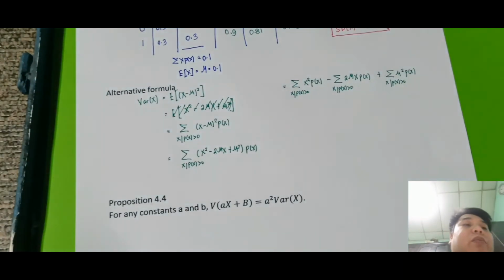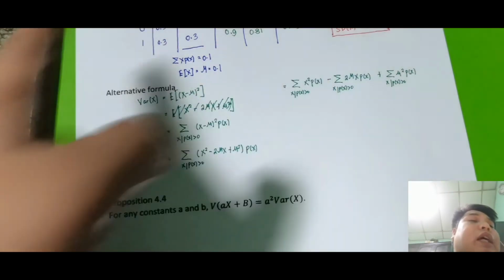That is the expected value of x. But what does expected value of x mean? Once I make it mu, it means it is a number already. It has a value. Okay? So, meaning, that mu is just a constant.